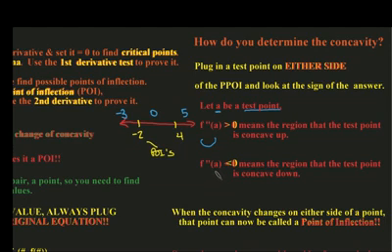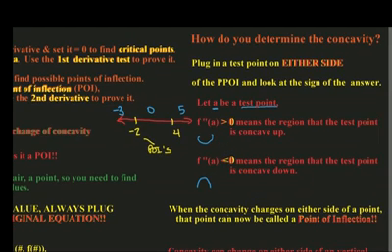And then if you plug it in and you get a negative number, it means that it's concave down. What do negative people do? They frown upside down. Okay. Make sure you know the conditions. Once the concavity has been determined to change on either side of the point, it can now be labeled a point of inflection. All right?